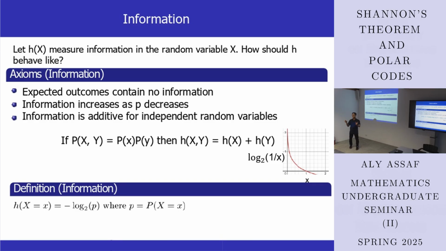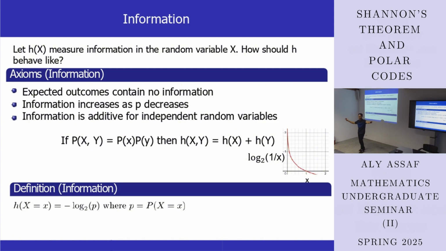And so this is exactly the idea that Shannon was trying to portray. This surprise factor. The second axiom, which comes naturally from this, is that as the probability of an event increases, becomes more guaranteed, you have less information about it. The last property, which is more mathematical, is that information should be additive for independent random variables, which means that, okay, if I have two random variables that occur separately, right?